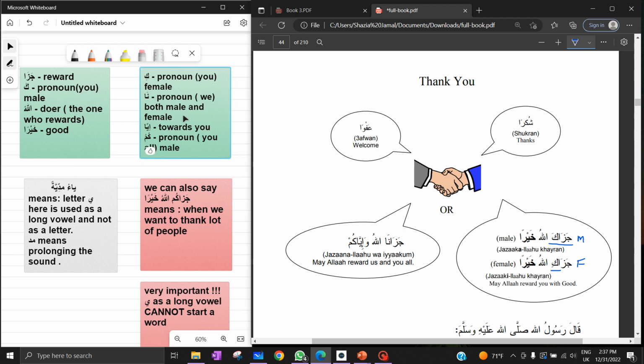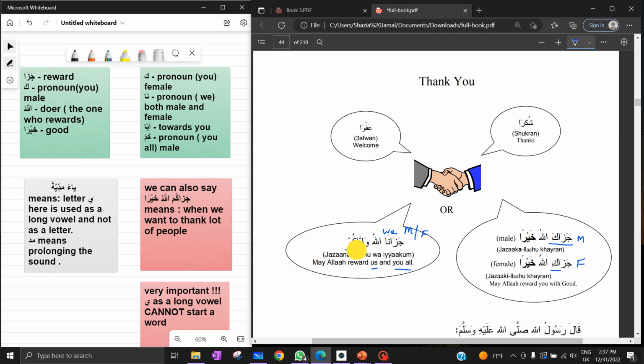This noon alif works for both male and female. Means we. Jazana. Jazana Allahu. That means may Allah reward us and you all. What damir comes when you are saying you all for plural?